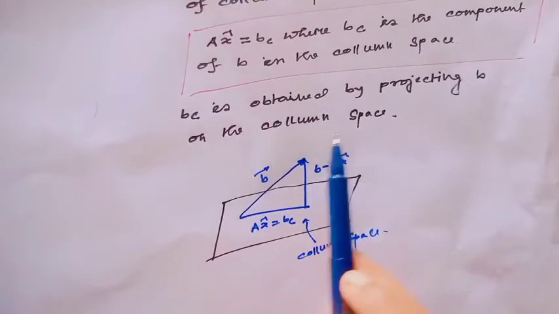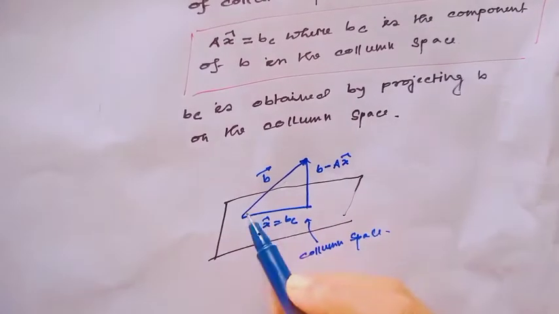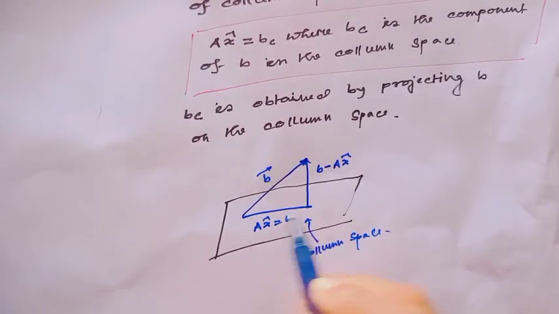Actually Bc is obtained by projecting B on the column space.